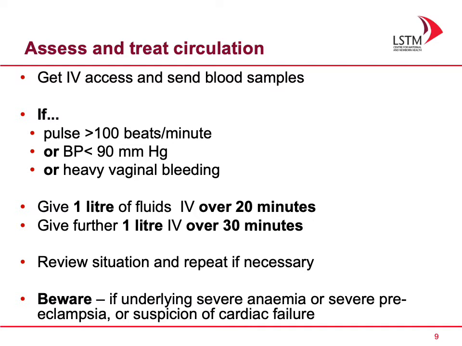We can give 1 litre of fluids intravenously over 20 minutes and follow this up with a 2nd litre over a similar period of time, perhaps 30 minutes. But the exact number of minutes is not crucial. The key thing is to rapidly provide fluid resuscitation.